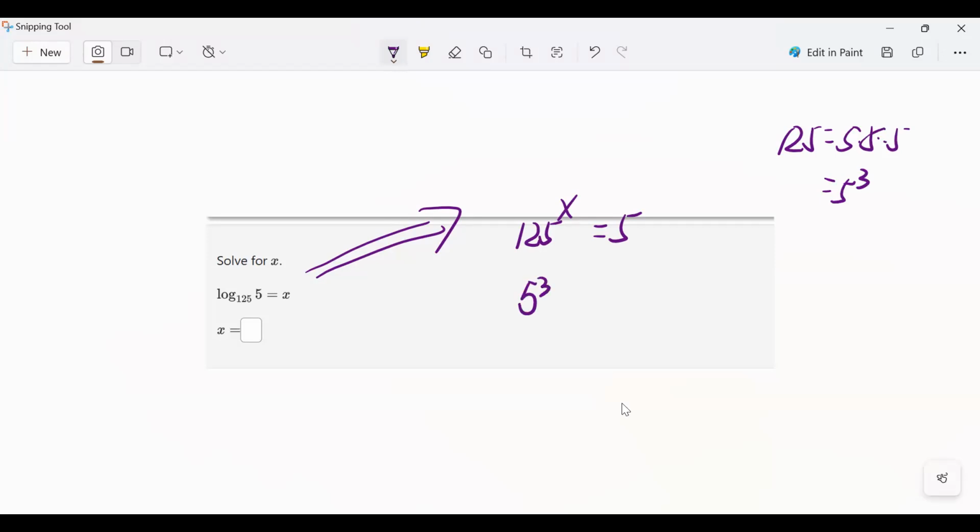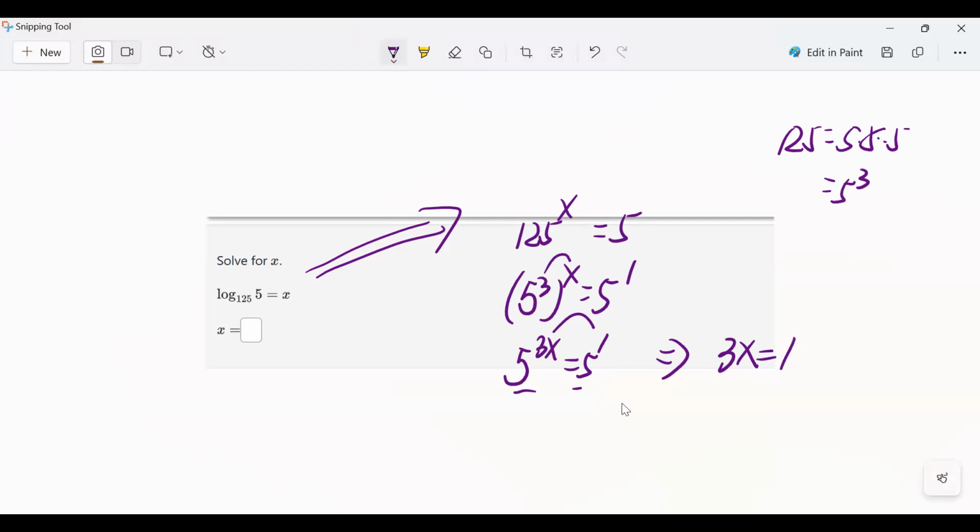So it's 5 cubed to the x, equals 5 to the first. This is 5 to the 3 times x, equals 5 to the first. When the bases are the same, the exponents must be the same. So 3x equals 1. Dividing both sides of the equation by 3, x equals 1/3. Next, any question about this?